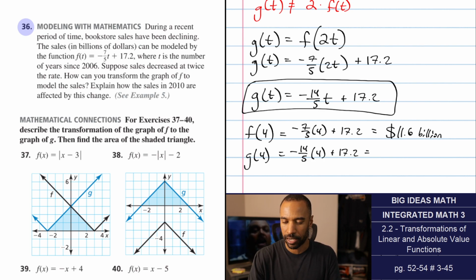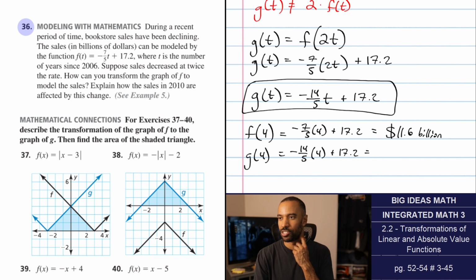Oh, I must not put a negative. Oh, hold on. I totally messed something up. This is why I have to use the actual calculator. 14/5, make it negative. There we go. Times 4 plus 17.2. Okay, 6 billion.